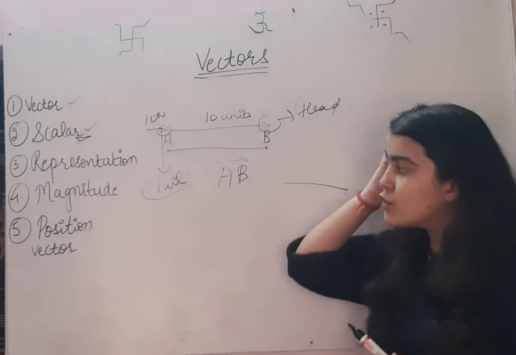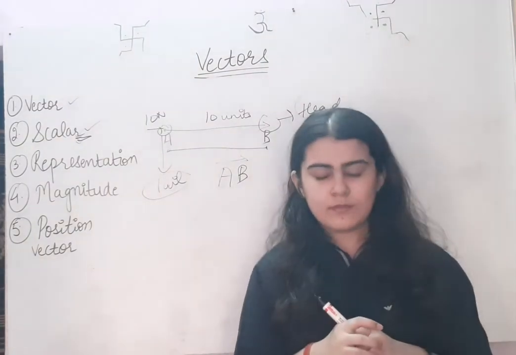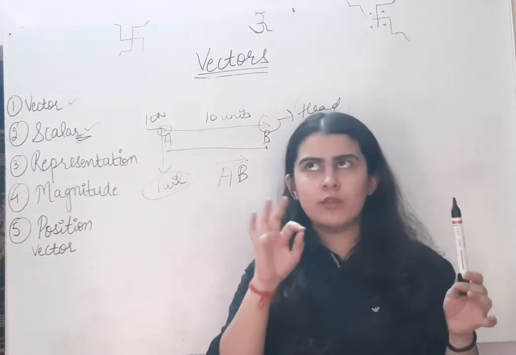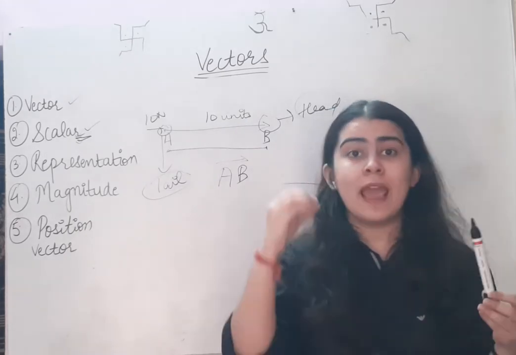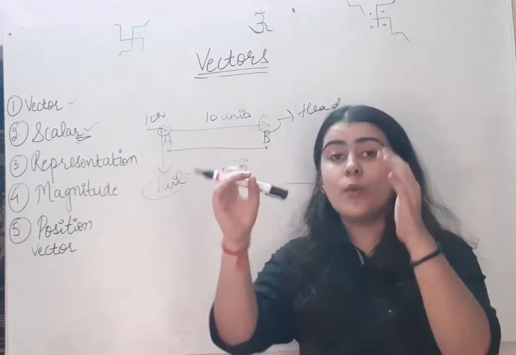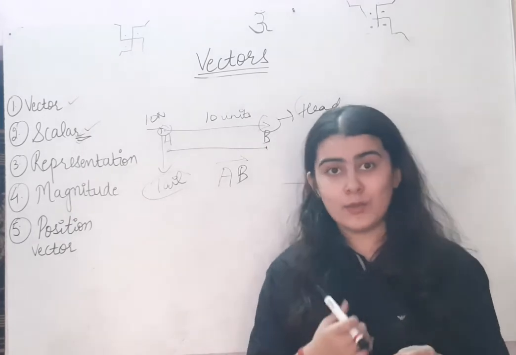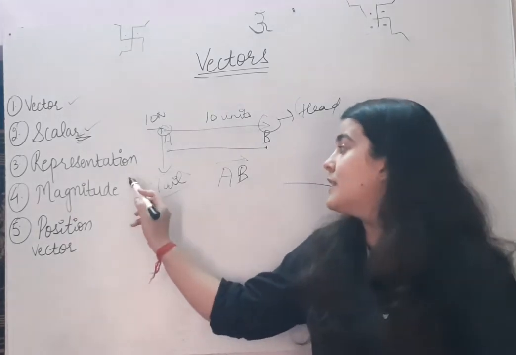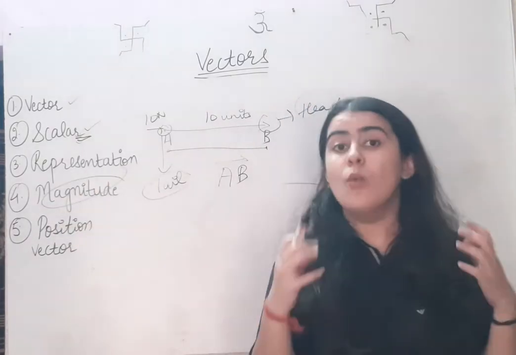So stepping on to our fourth quantity, magnitude. You must have heard this term n number of times, since I started teaching you this lecture. This word magnitude, what does this mean?